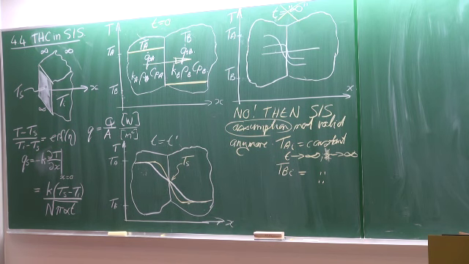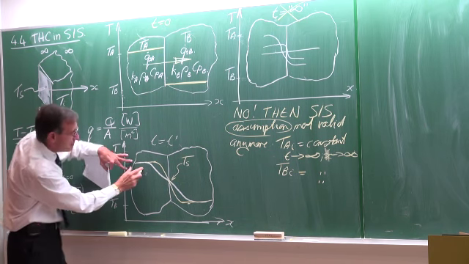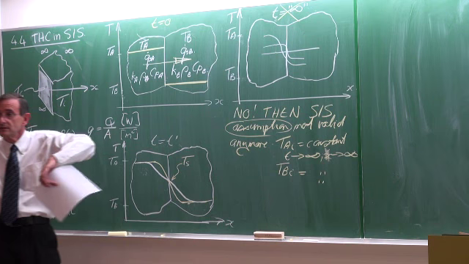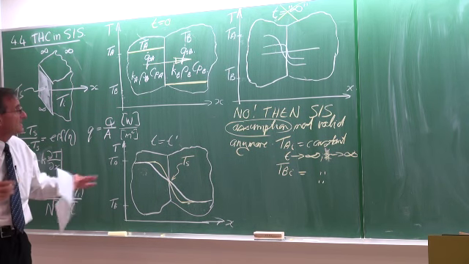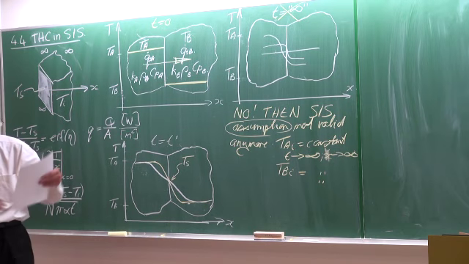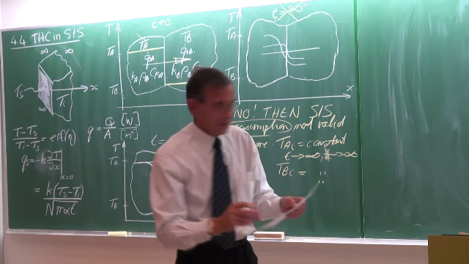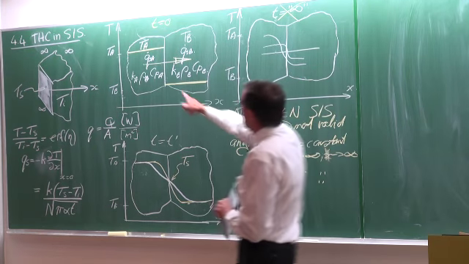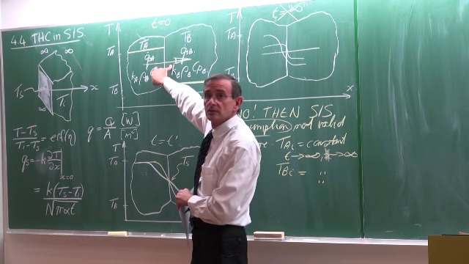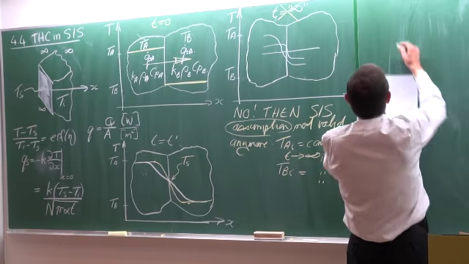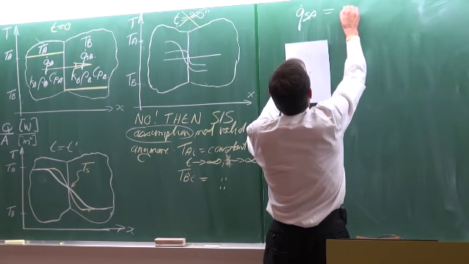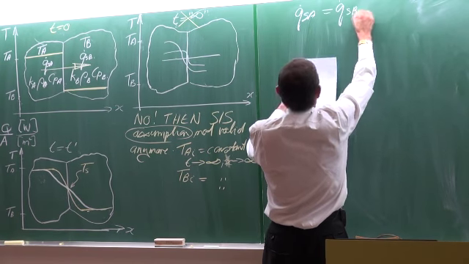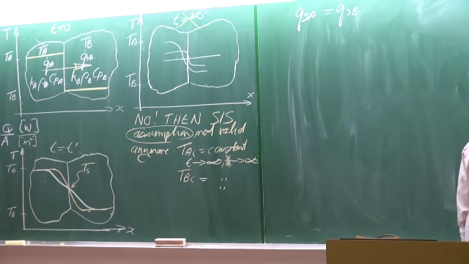Okay. When we touch two semi-infinite solids, this temperature and that temperature inside remains constant. And the heat flux is a constant. So in terms of the heat flux, the heat flux of body A is equal to the heat flux of body B. Okay, so let's do the derivation of it.